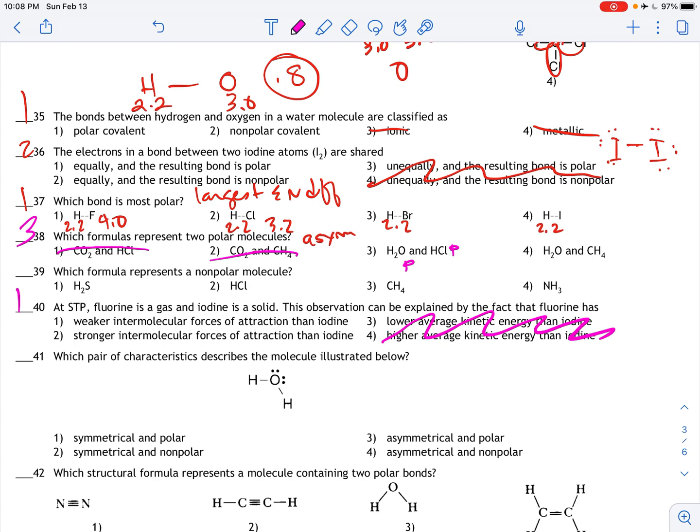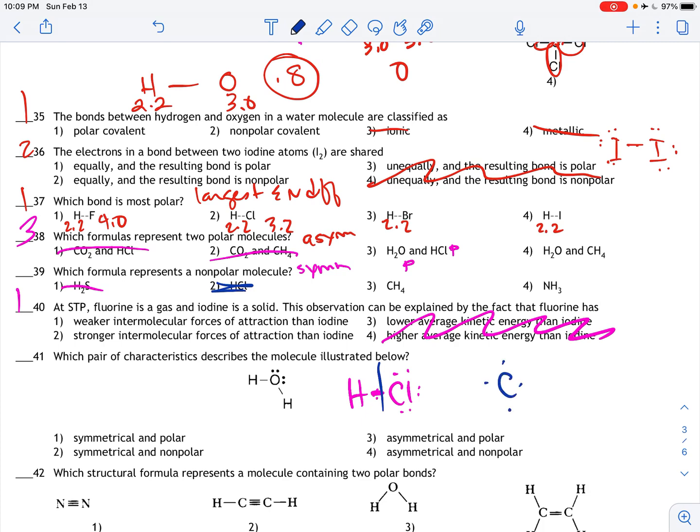Okay, so back to 39. A nonpolar molecule is symmetrical. So see how we have H2O like this? Oxygen is in the same group as sulfur, so it would look like that, which we just said would be a polar or asymmetrical molecule, so that's not it. HCl, I drew it before, but I'll draw it again. There's my bond. So that is asymmetrical.